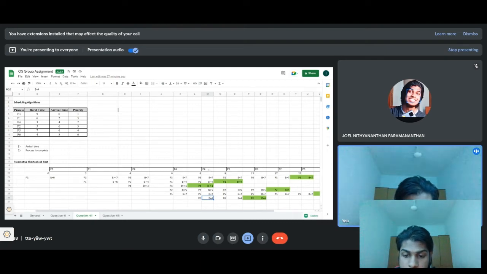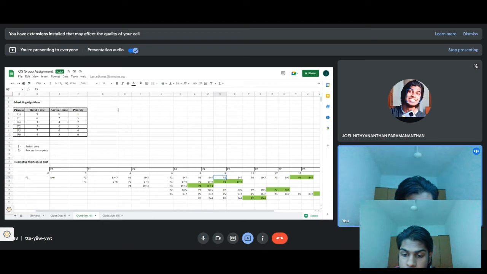And as you can see, we have stated all the arrival times. Right now, it's time for us to add the burst time of the current lowest process to get the next arrival time, which will be process 4, burst time 1 plus 8, getting 9, thus terminating process 4.